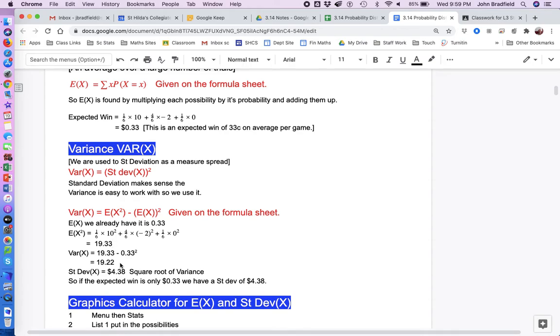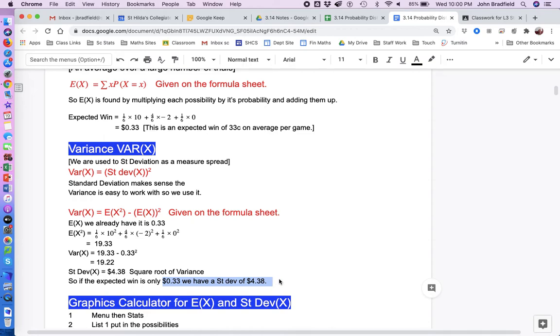So that means most people, if they've played a few times, are going to win somewhere between $4.50 and losing $4, something like that.